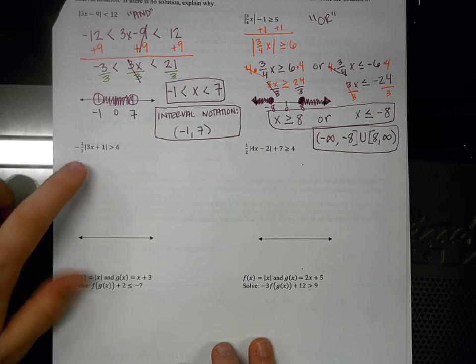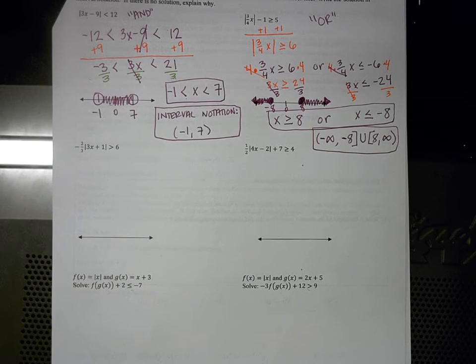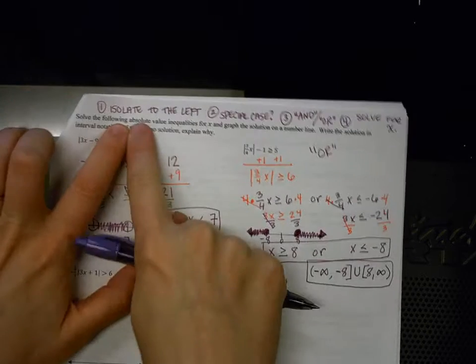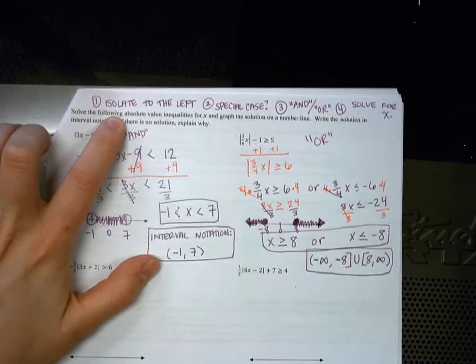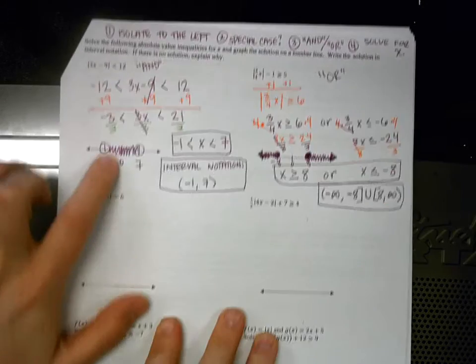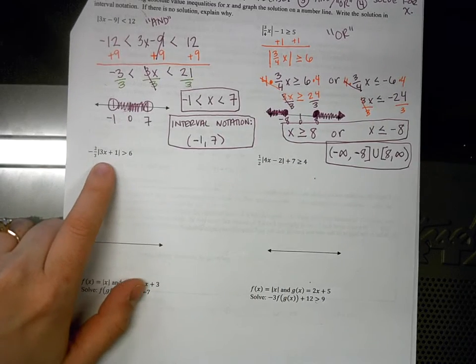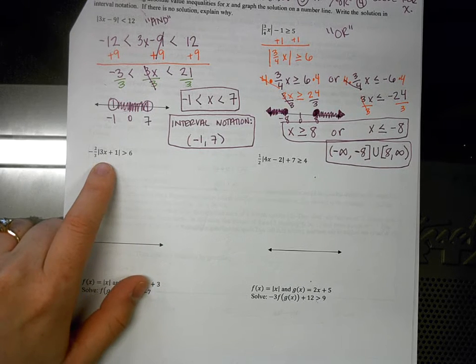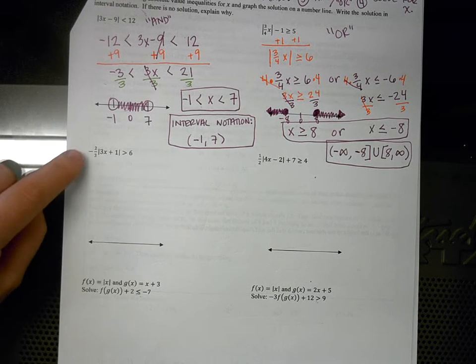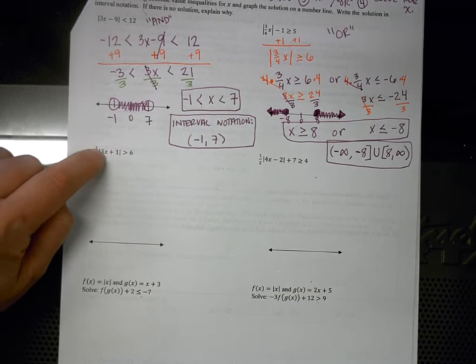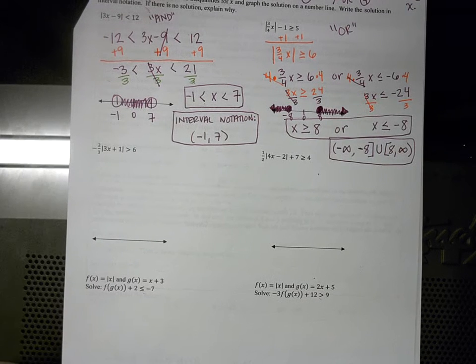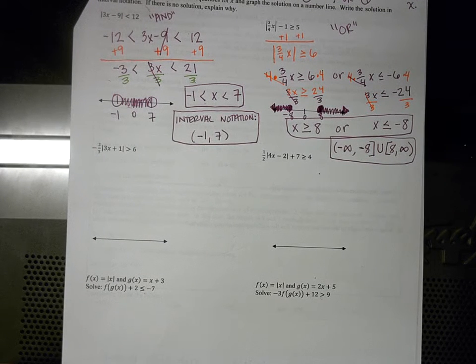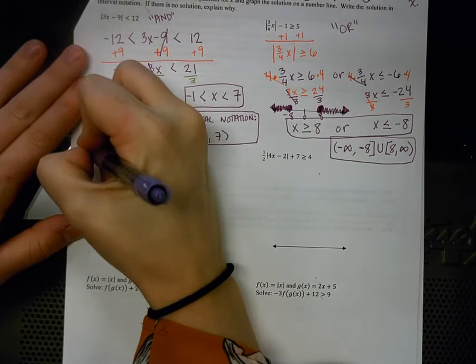Next problem. Is my absolute value isolated? If there's anything outside the absolute value, it is not isolated. -2/3 is being multiplied by this absolute value. How do I get rid of it? Good.